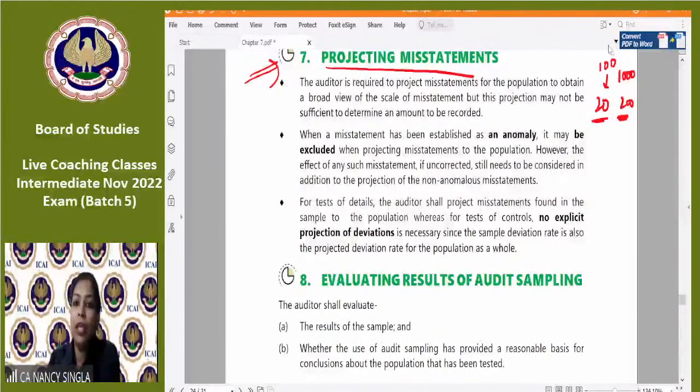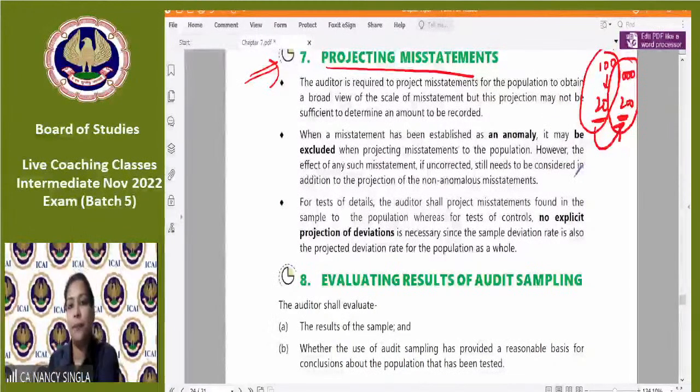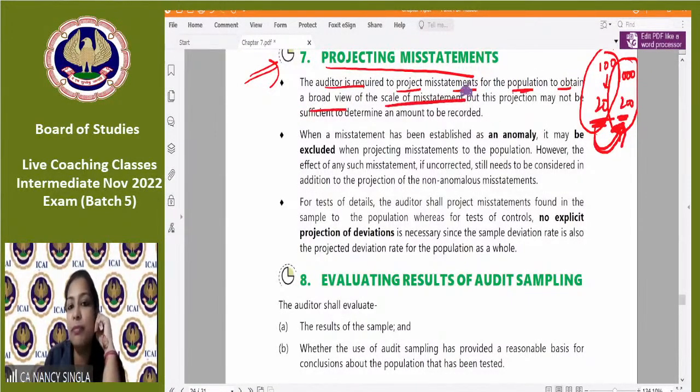Projecting sample का जो conclusion है, इसको extrapolation project करना on the population is what? Projecting misstatement. अब misstatement आपको मिला है, उसको project करना है ना entire population में, तभी तो audit sampling किया था. ठीक है? Now the auditor is required to project misstatements for the population to obtain a broad view of the scale of misstatement. Because entire population के लिए conclude करना है ना.